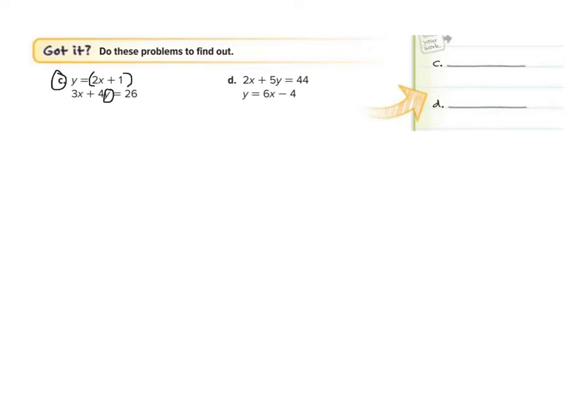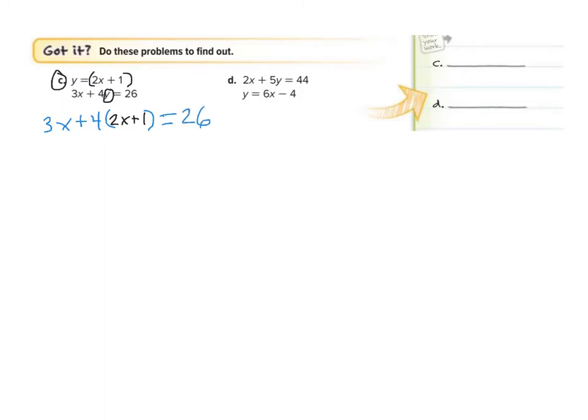So I'm going to use a different color, and it'll be 3x plus 4 times 2x plus 1 equals 26.